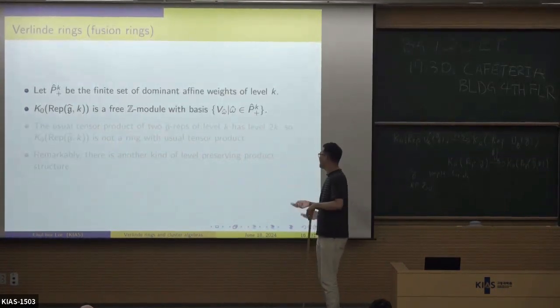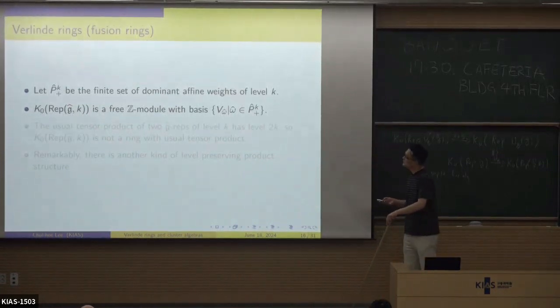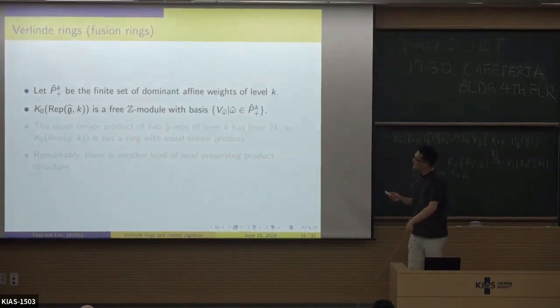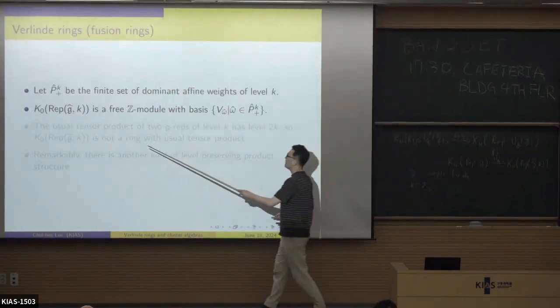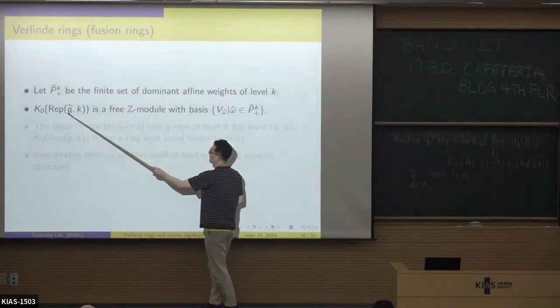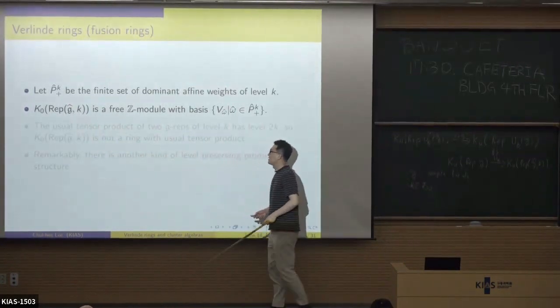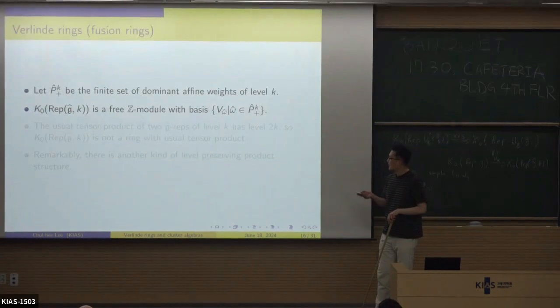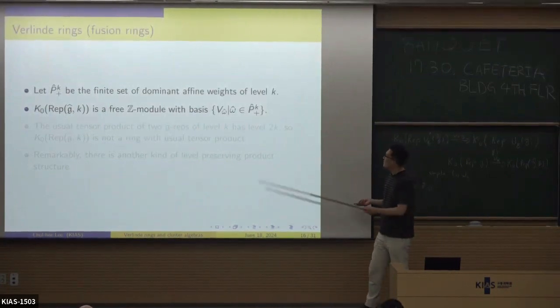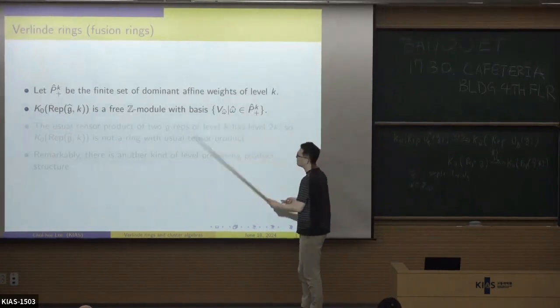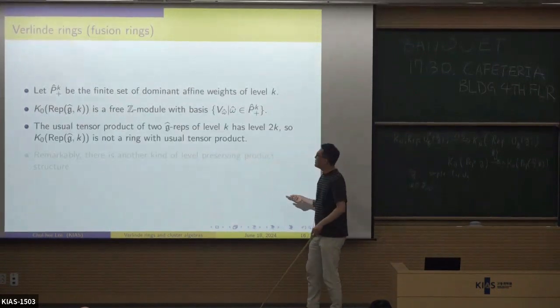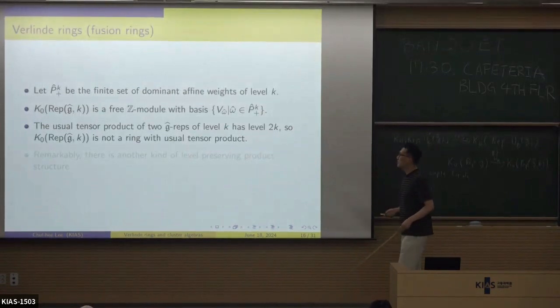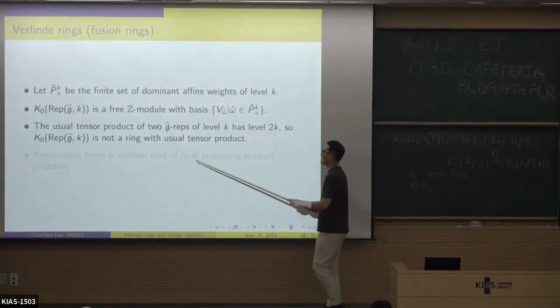But what we want is, if you drop k, K0 of Rep G hat just forms a ring, a Z-ring with infinitely many basis elements. But now there are finitely many basis elements. There's a natural concept of tensor product for any Lie algebras.